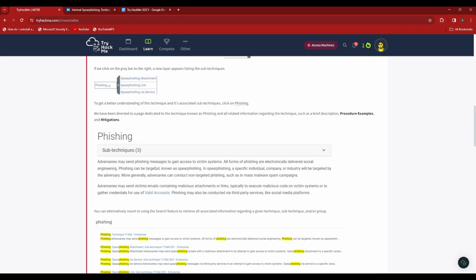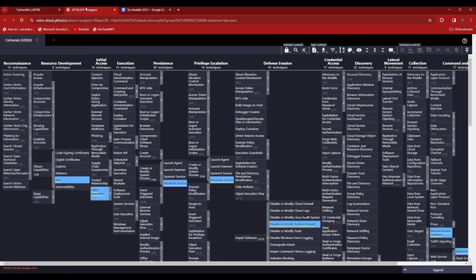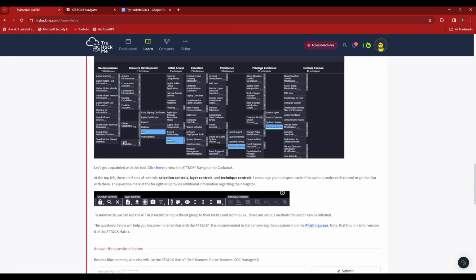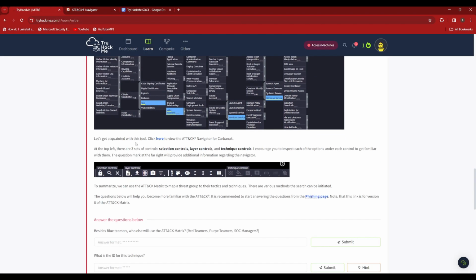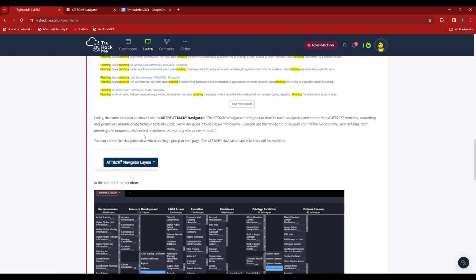So they've taken us to the attack navigator, which is just another way of looking at the attack framework, but looks like it's on a different background. I don't really understand where it comes from. But looks like it's designed to provide basic navigation and annotation of attack matrices.